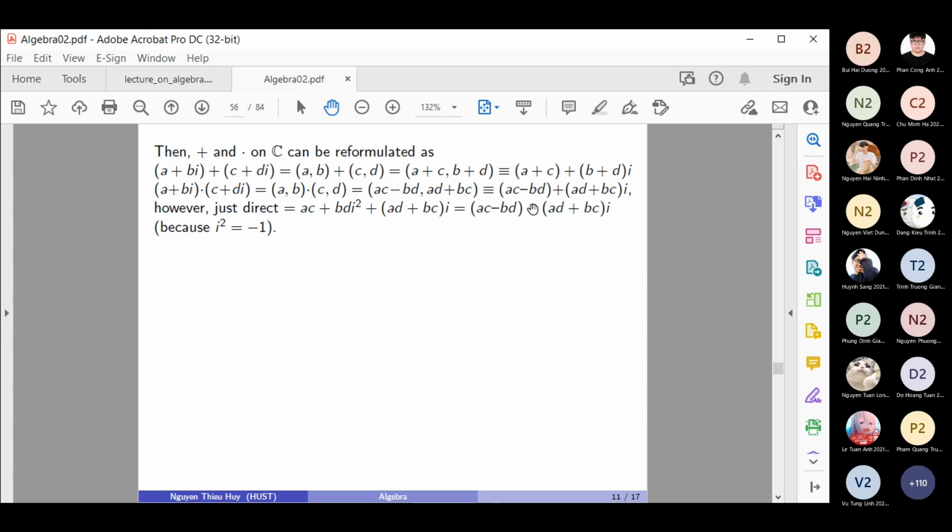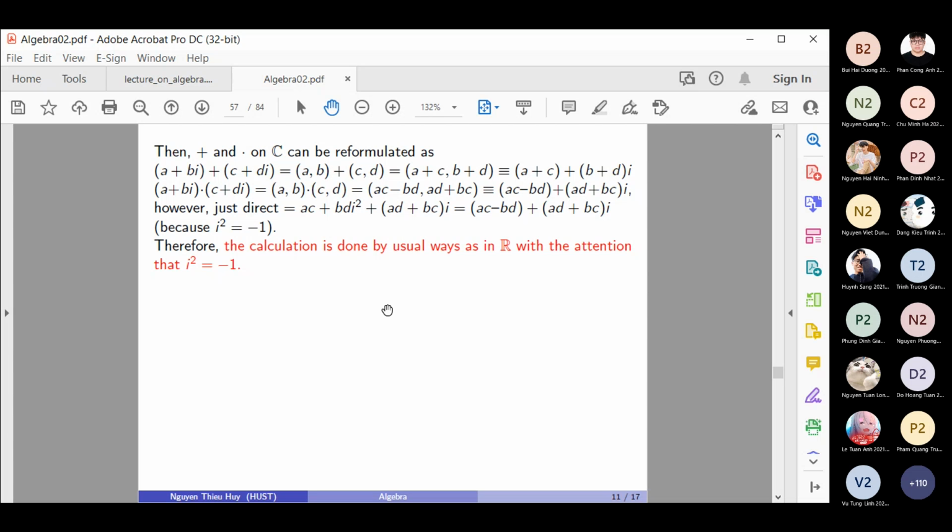What does it mean? This means that you can forget the ridiculous definition. What you have to remember is that the calculation is done by the usual ways as in the set of real numbers, with the one exception that i squared equals minus 1, so you should compute directly. Okay, now you know how to compute this.